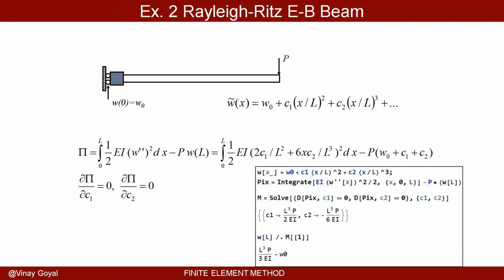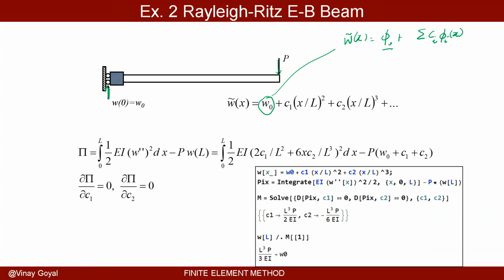Another example, I have a Rayleigh-Ritz example problem where now I have this additional deflection here, and a load applied here. Recall that I have to have a W naught here for phi naught, because W tilde equals phi naught plus the summation of Ci phi x.